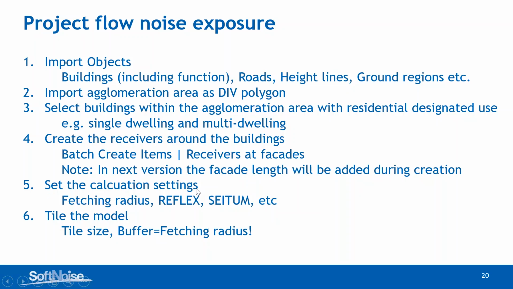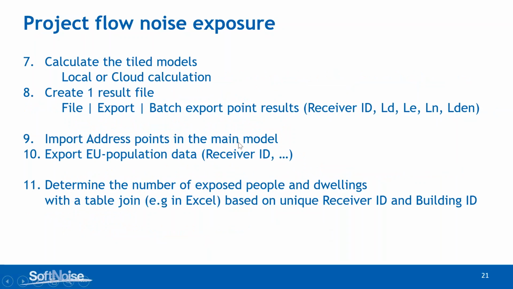Then I've set the calculation settings. Fetching radius is important. Then I tiled the models, and note that the buffer and the fetching radius will be the same. Then, of course, you need to calculate the tiled models, either with a local batch calculation or a cloud calculation. And after your calculation is finished, you can create one result file with the menu option File, Export, Batch Export Point Results.